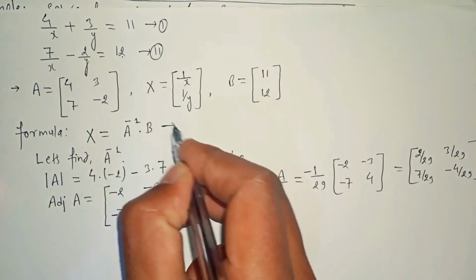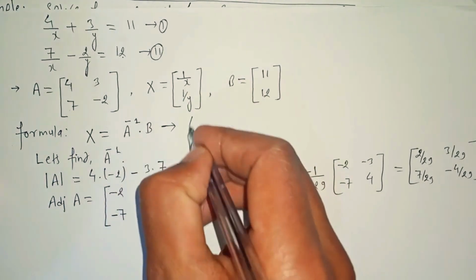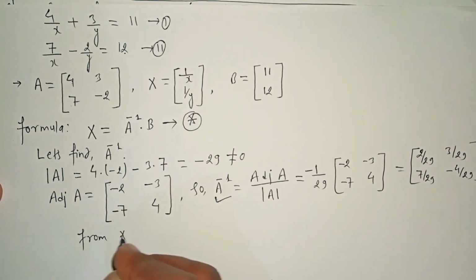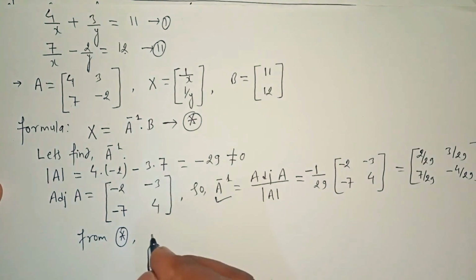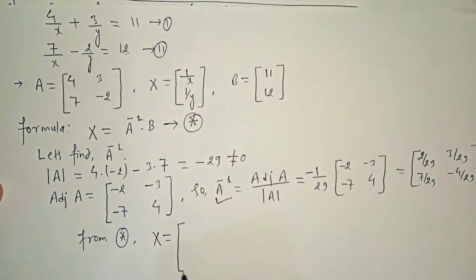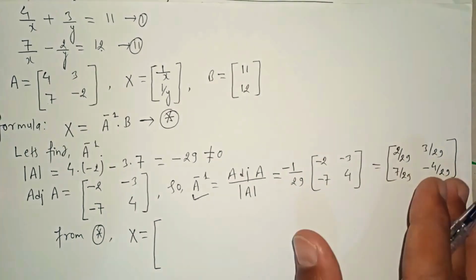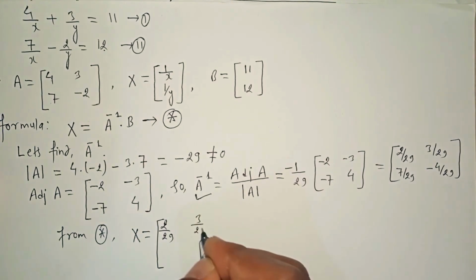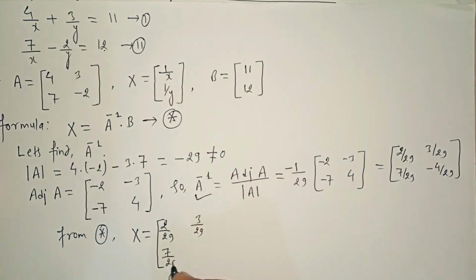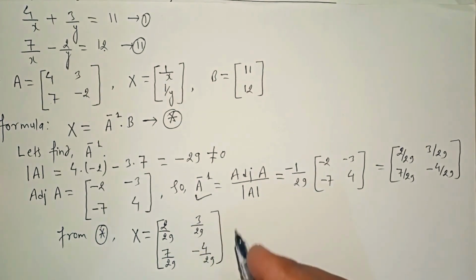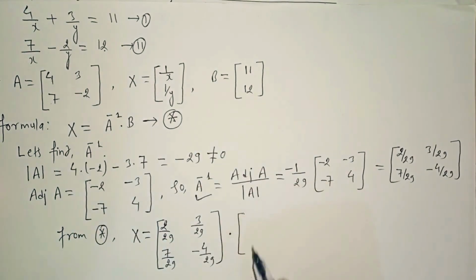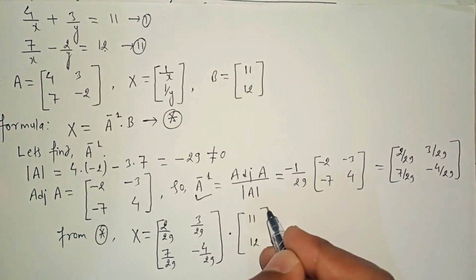Let's put the result A inverse in this equation. Let's suppose this is equation star. From star, let's put the value of A inverse here. The value of X equals A inverse, which we calculated as 2 over 29, 3 over 29, 7 over 29, and finally negative 4 over 29, times the matrix B, which is 11, 12.